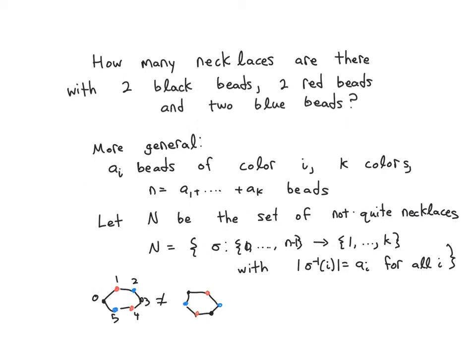So the point is, you basically are working with functions here. So you can encode a necklace as a function. And the property we have is that the ith color is used a_i times. There are a_i beads with that color. So under this function, the ith color has to be used that many times. And so this is the set we're working with.